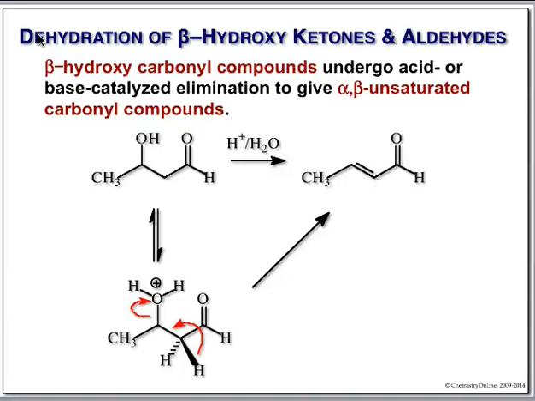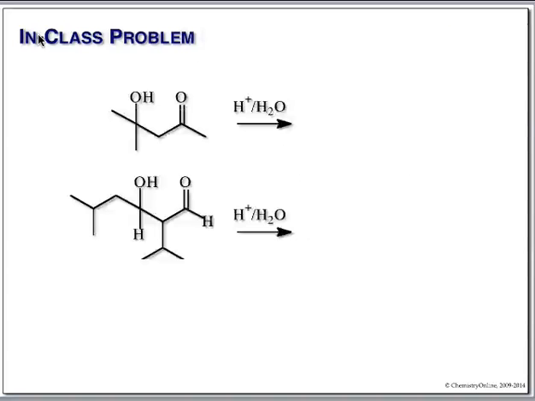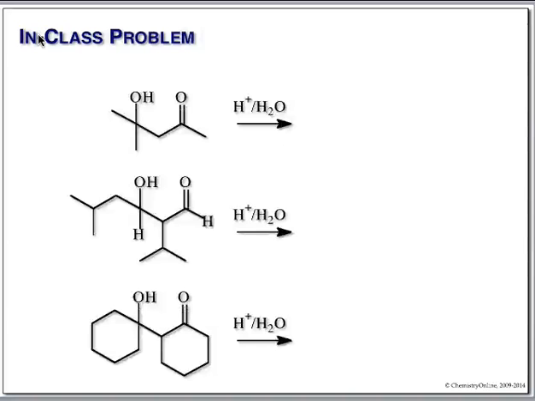Dehydration of a beta hydroxycarbonyl actually occurs very, very easily. It's almost impossible to not have it happen. Go ahead and just take these and convert them to the alpha-beta unsaturated carbonyls.